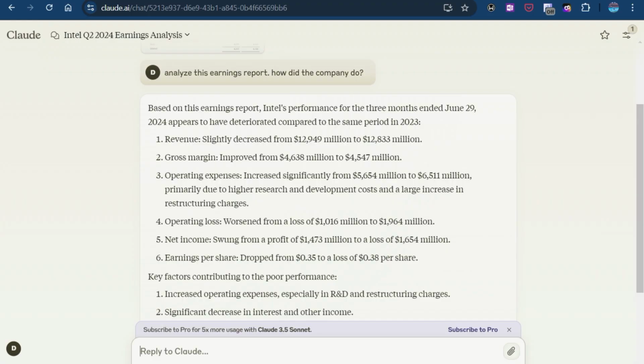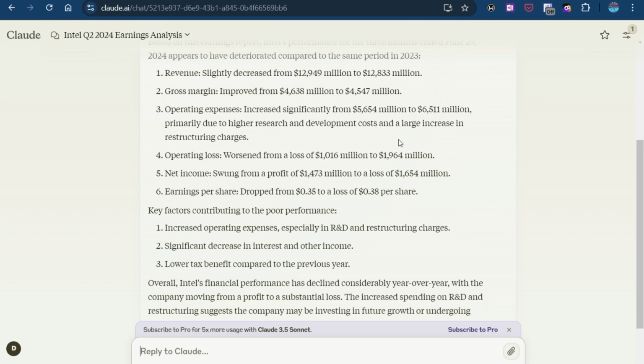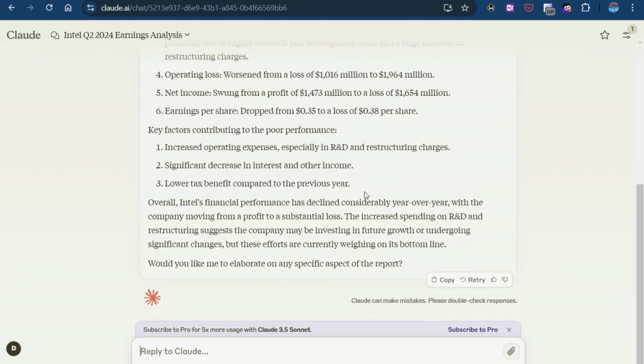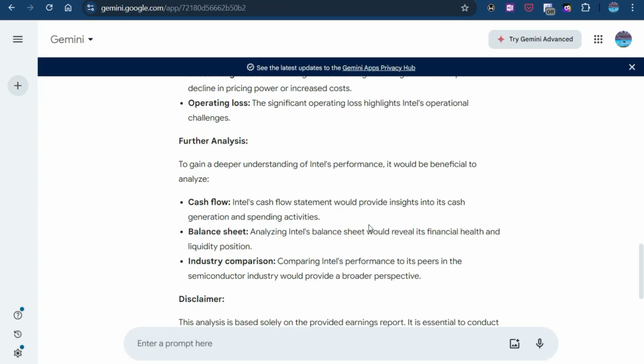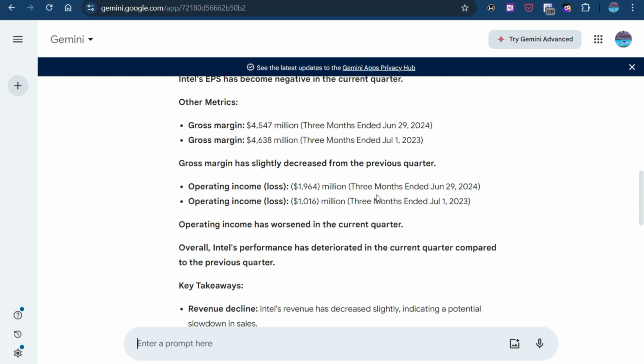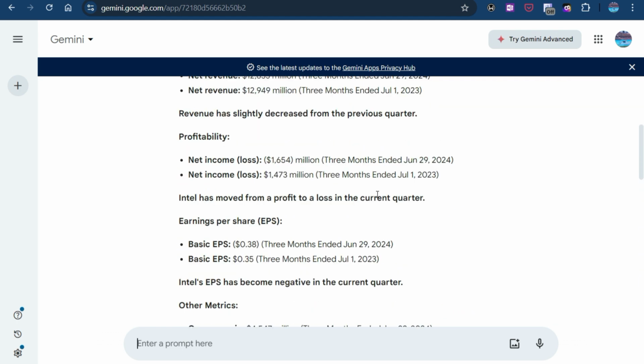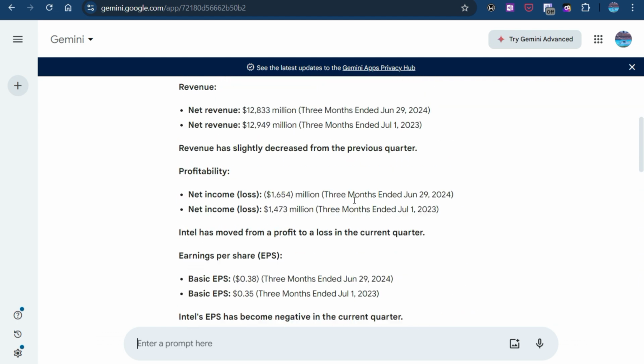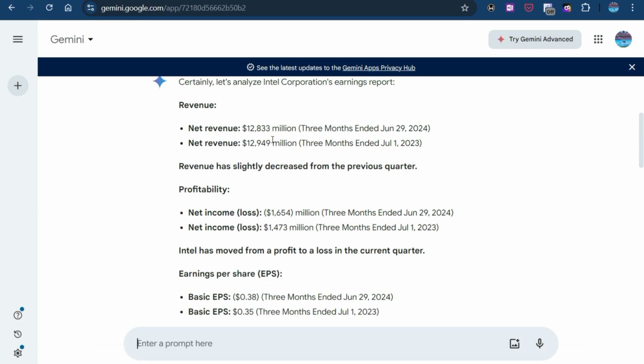Claude, I would say, gets the second spot just because it did a good analysis. I'd say Gemini comes in after that just because it really didn't do a whole lot of analysis, but it did have a nice clean setup in terms of organizing the information and making it easier to read. But that being said, I've already got it in a table format, so I don't know how much value this really adds.